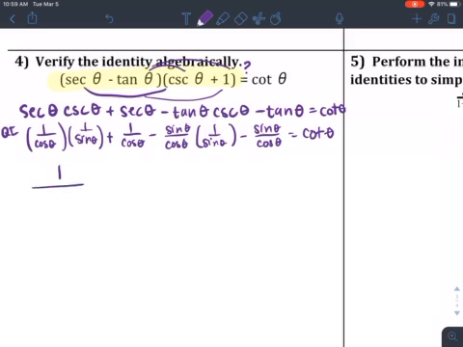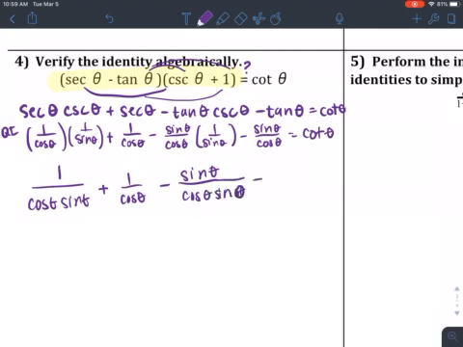This is 1 over cosine theta sine theta plus 1 over cosine theta minus sine theta over cosine theta sine theta minus sine theta over cosine theta equals cotangent theta.